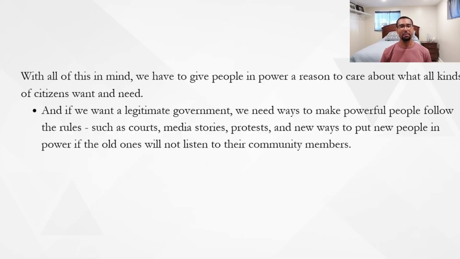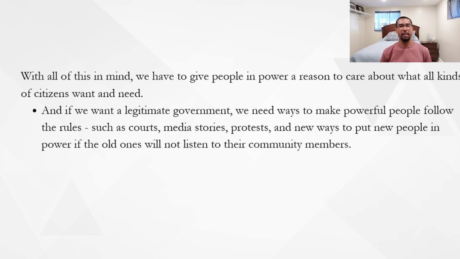If their power comes from wealth, they might only care about profits and protecting themselves and their rich friends. If they are all the same kinds of people, they might ignore the needs of people who are not like them. With all of this in mind, we have to give people in power a reason to care about what all kinds of citizens want and need.